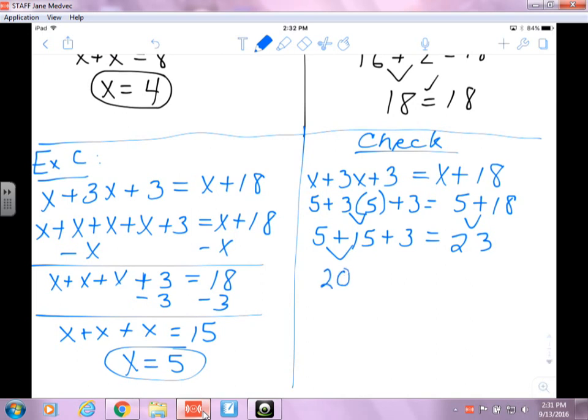Excellent. So 20 plus 3 equals 23. And I have 23 equals 23. And it's check. Okay? Are there any questions? Is there something you don't understand? Okay, that's it then for lesson 4.